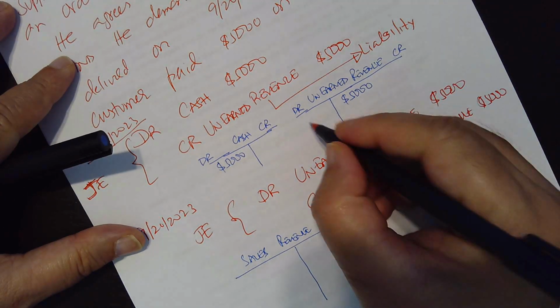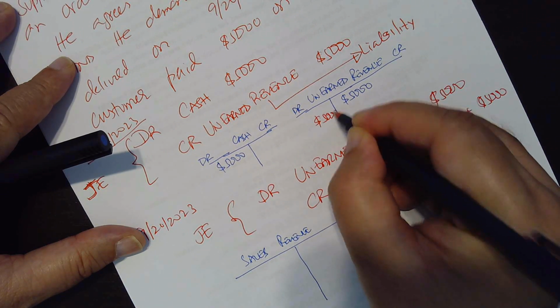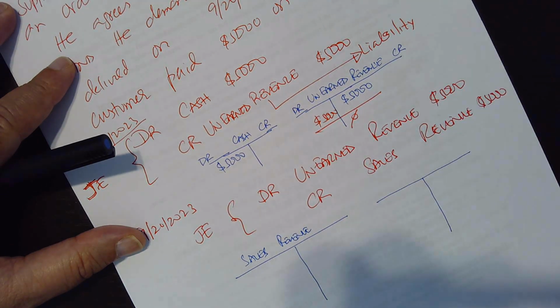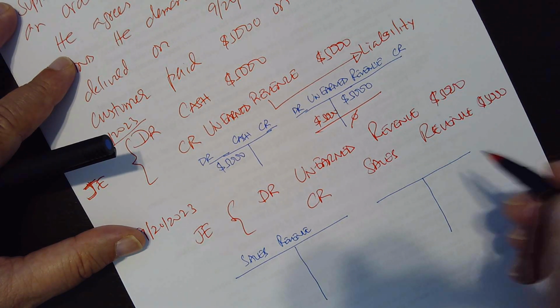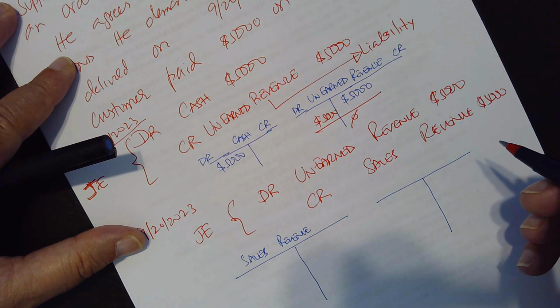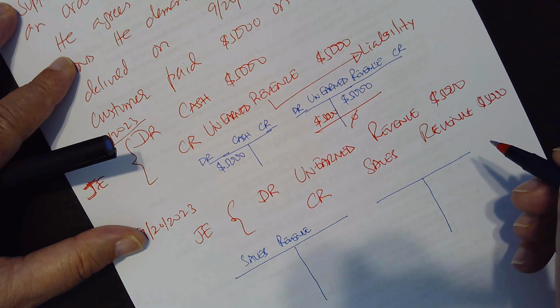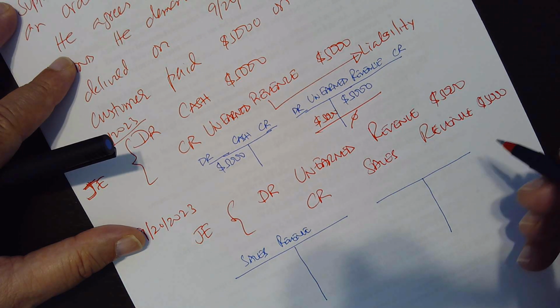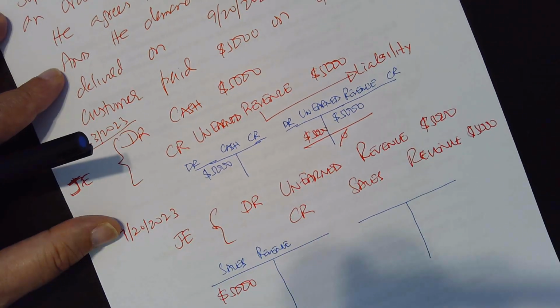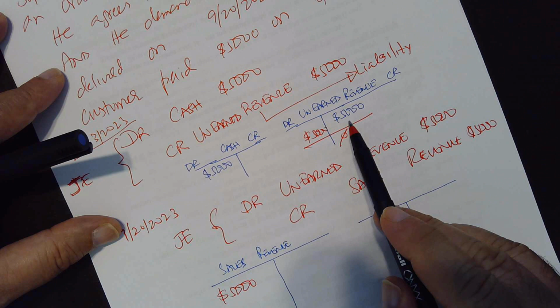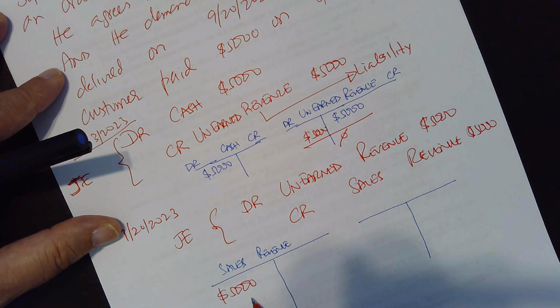So we're going to debit the unearned revenue, that zeroes out the account, which says I do not owe anything to the customer because he has accepted my table as I have prepared according to the specification he provided, and your sales revenue will become $5,000. So it's basically transferring from unearned revenue to a sales revenue of $5,000.